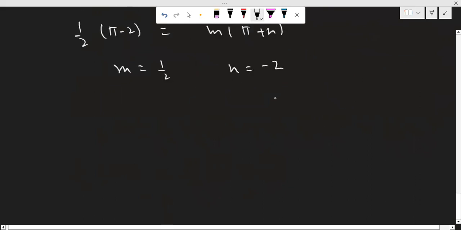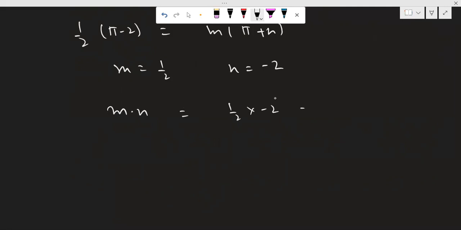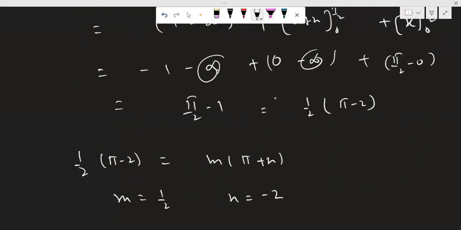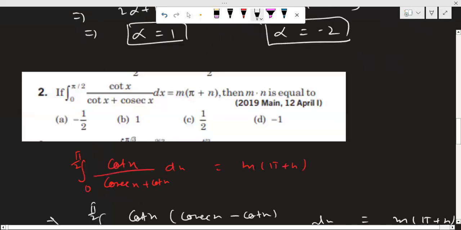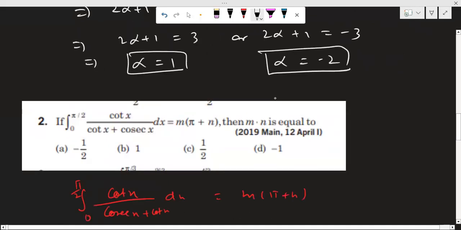We need to find m times n, that is half times negative 2 equals negative 1. And this will be the answer. D part will be the correct answer. Thank you for watching.